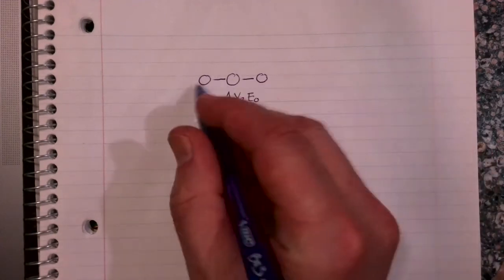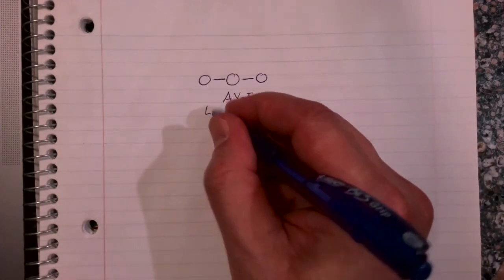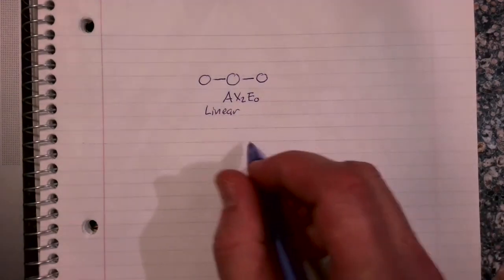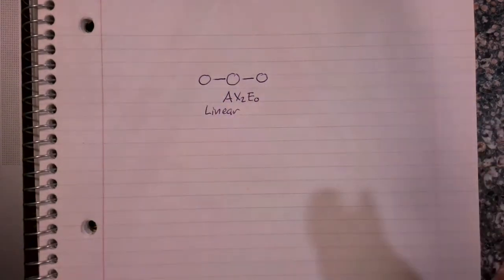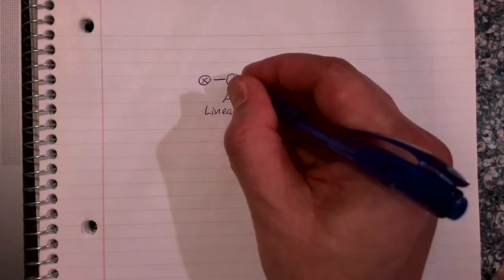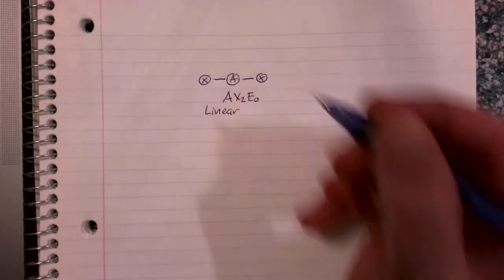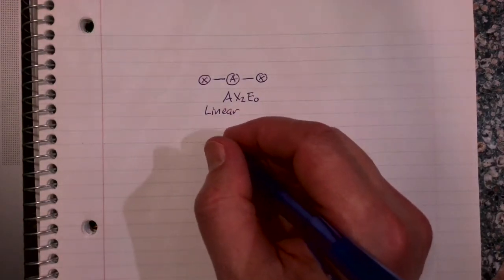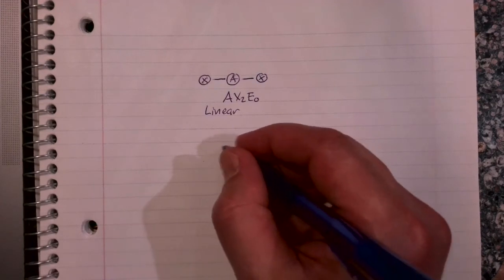And we'd say that this is simply a linear arrangement, because 2 things symmetrically arranged, the farthest apart they can be is at 180 degrees. Okay, so linear.